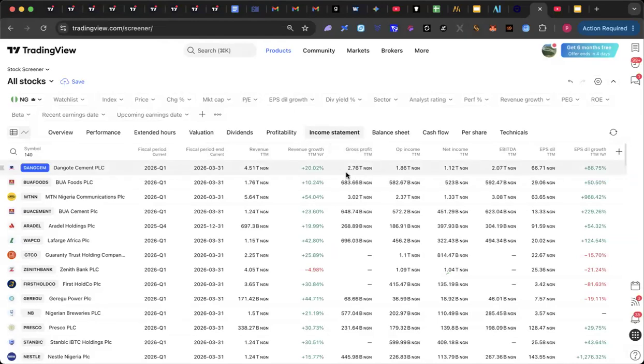Gross profit was 2.76 trillion naira. Look at the net income on Dangote Cement, it was 1.1 trillion naira.